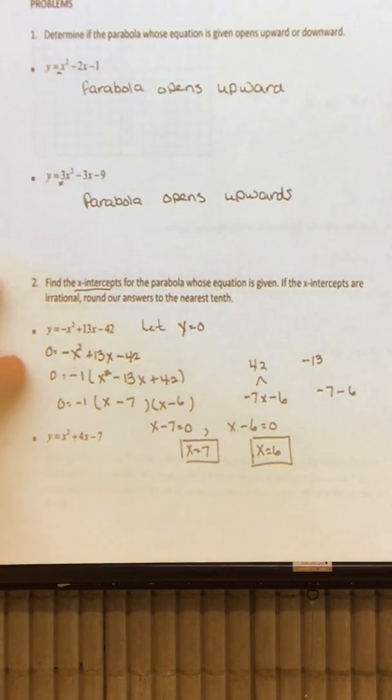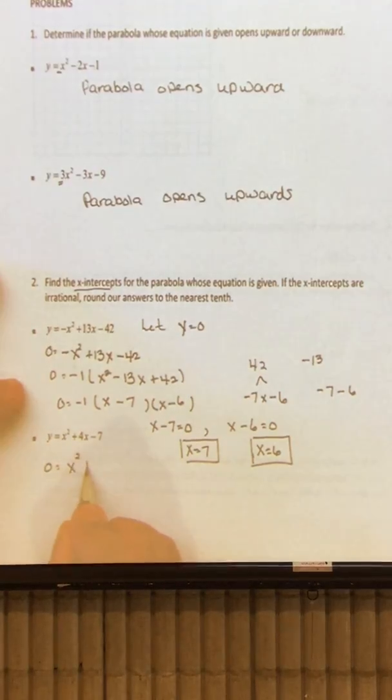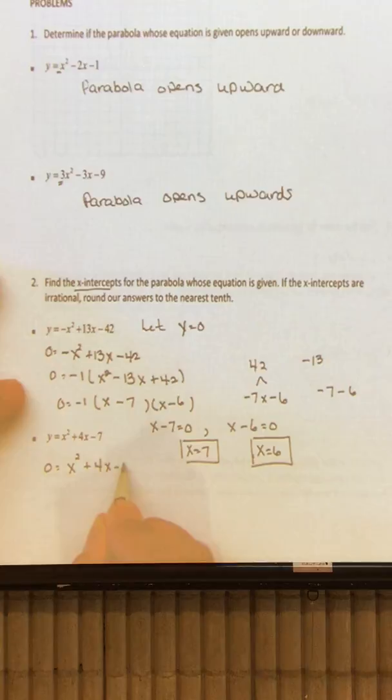The next problem, we want to do the same thing. We want to let y equal 0, and we have x squared plus 4x minus 7. Here we can't factor because there are no numbers that multiply to negative 7 and add to 4. Therefore, we use the quadratic formula.